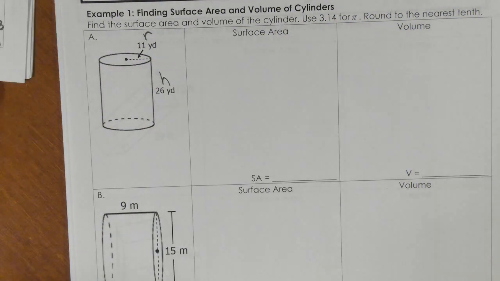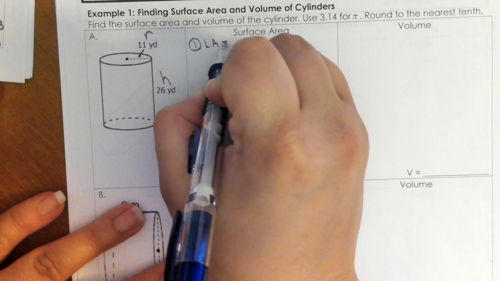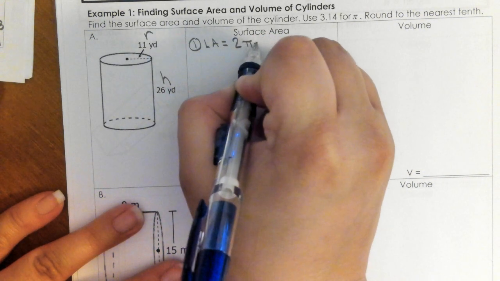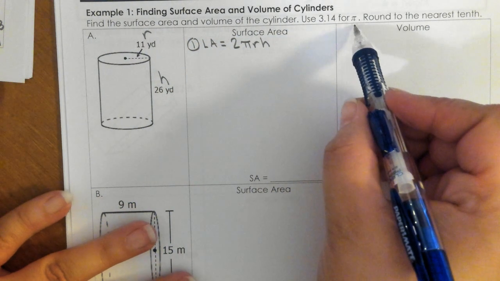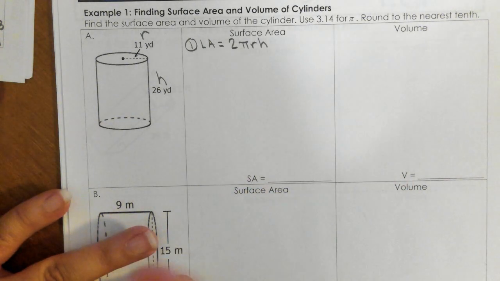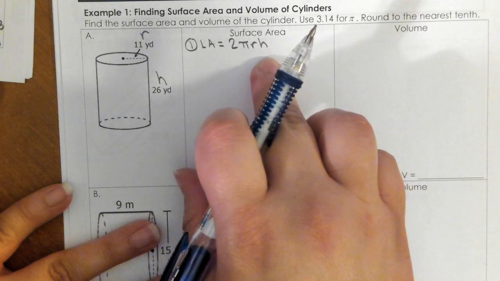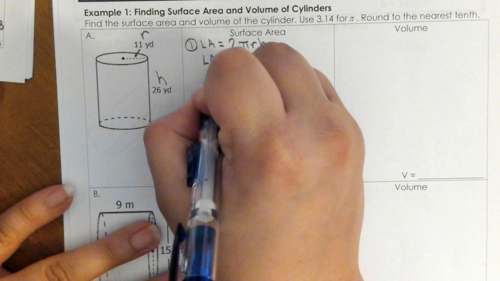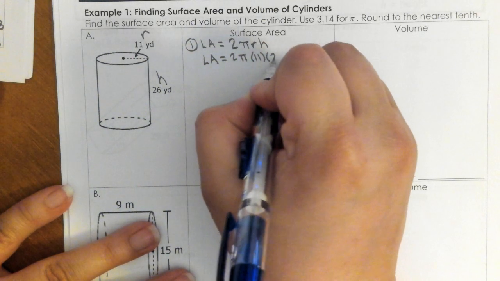To do surface area, we do lateral area first. Now, I do know that the directions say use 3.14 for pi and then round to the nearest tenth. I will tell you, we won't turn pi into 3.14 until the very end down here. So we're going to leave this in terms of pi. My radius was 11, height was 26.